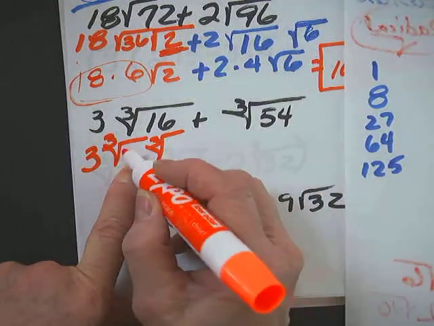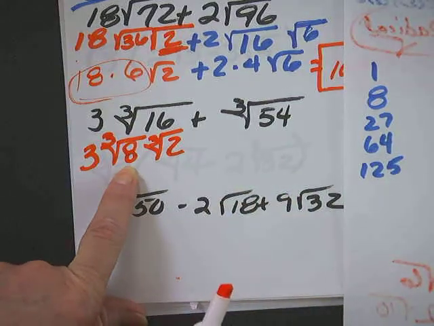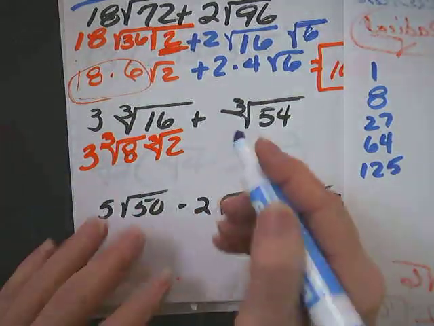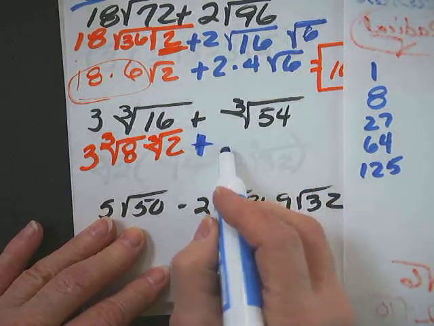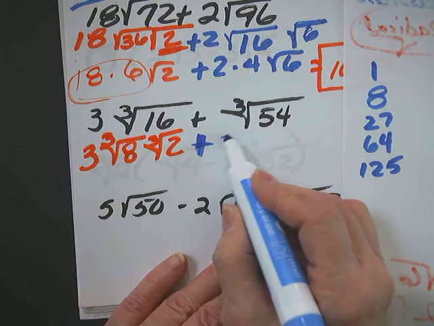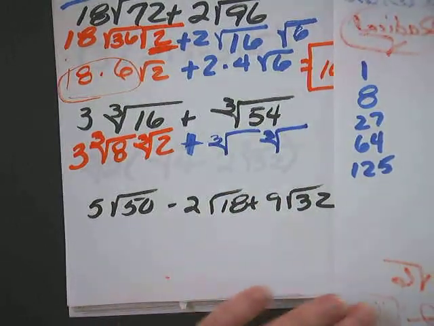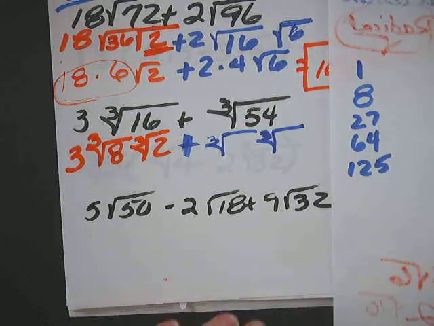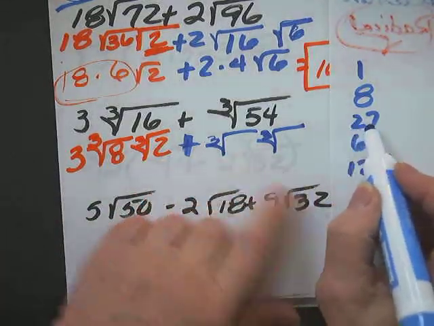Okay, so we leave the 3 out here. 16 divides by 8, right? So we want to put the perfect one first. 16 is 8 times 2. Okay? And then we don't have a coefficient, so we don't have to put a number up here.